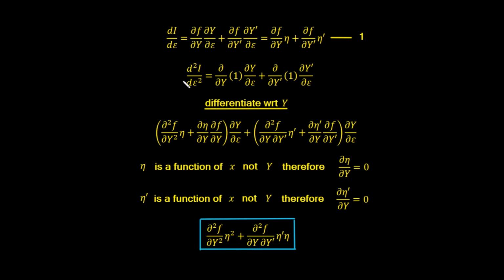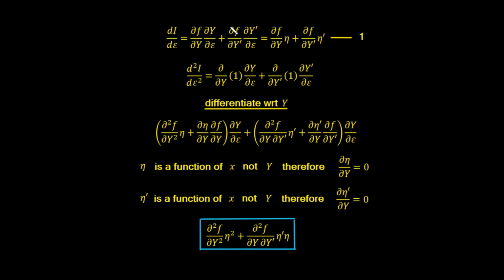So you differentiate the function again: partial by partial y of equation number 1, times what we've got left over, partial y by partial epsilon.